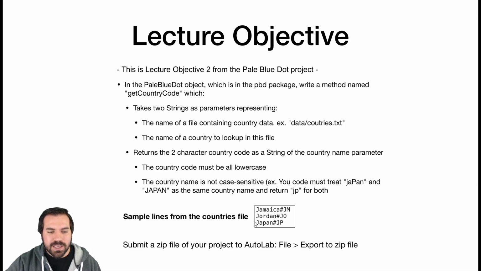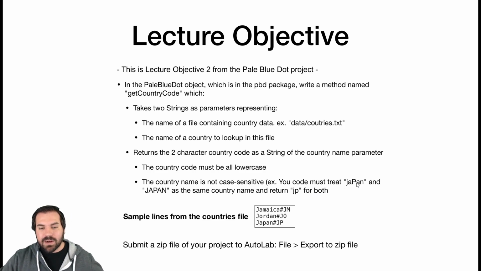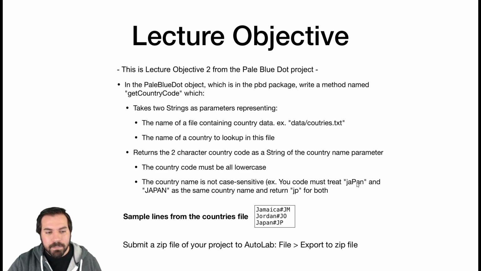So you want to ignore this case, ignore this case, ignore this case. Just call toLowerCase on everything, and no matter what the case was, it's all going to be lowercase, and then you can use equality. If these two strings, after converting them to all lowercase, are equal, then I'm going to treat them as equal. And then if they're equal, we want to store the country code in a variable that we're going to return after the loop. And we want to make sure we call toLowerCase on that as well to make it all lowercase.